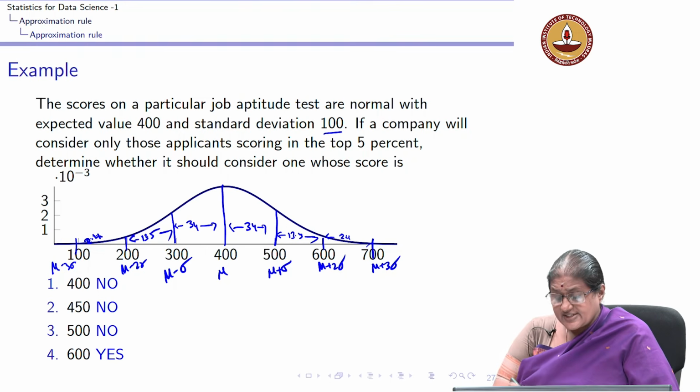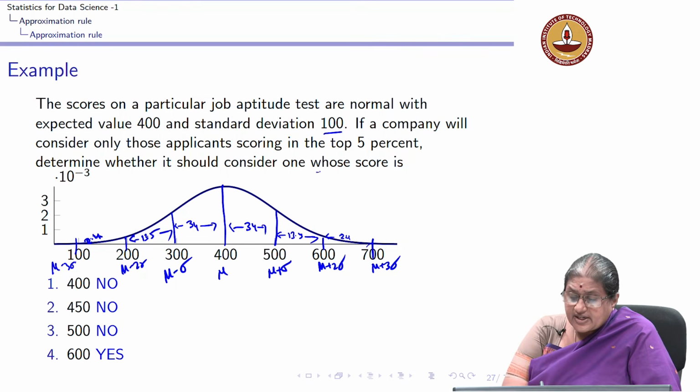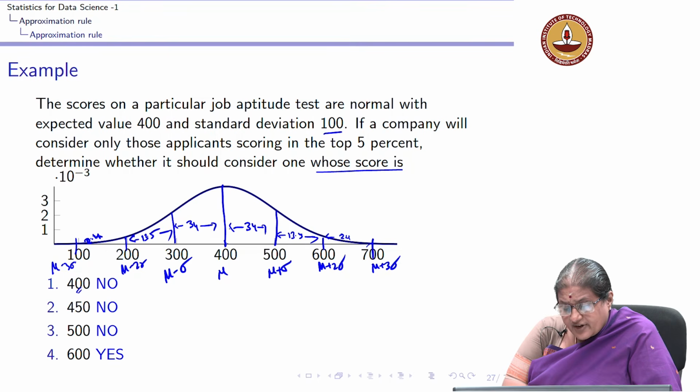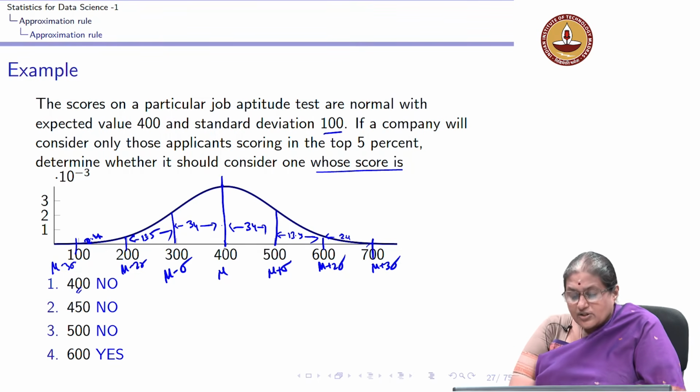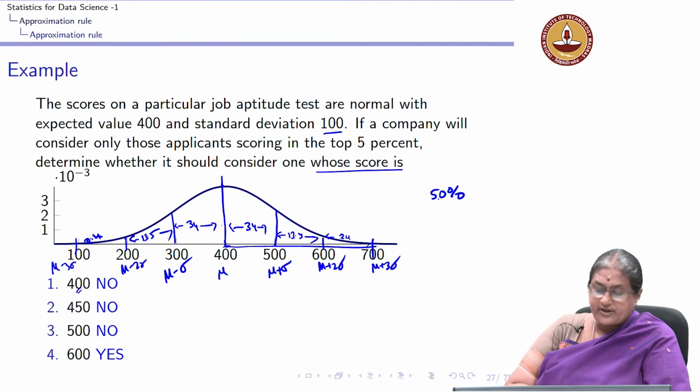Should we consider people in the top 5%? If I take 400 as a threshold, I can see that people scoring greater than 400 are my top 50% and not my top 5%.